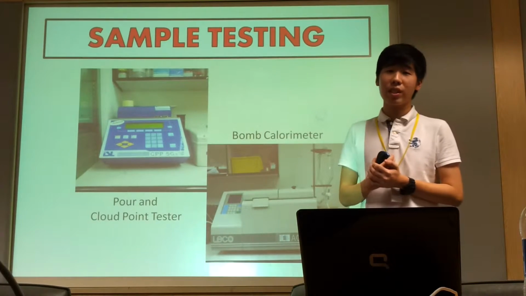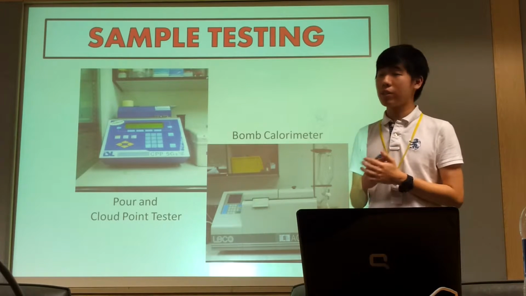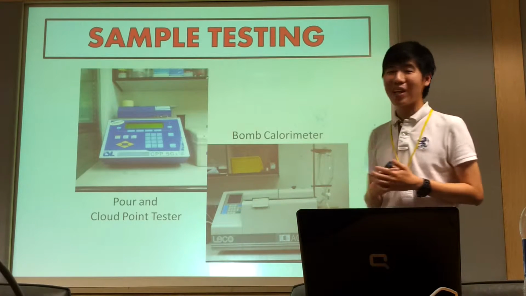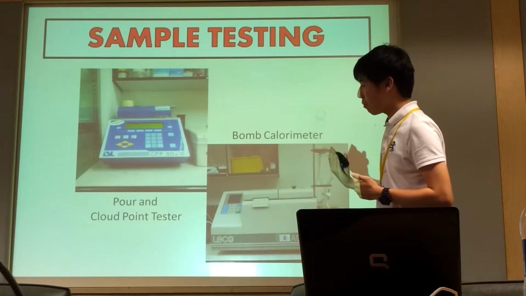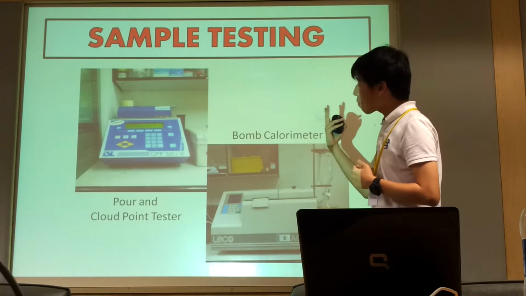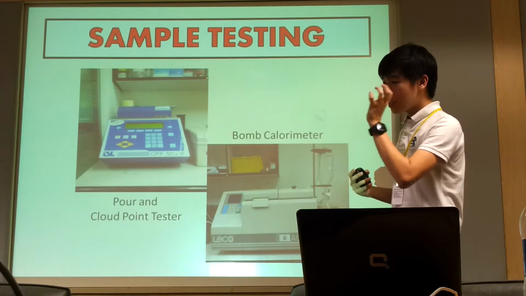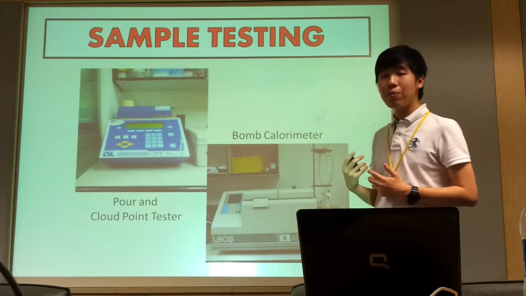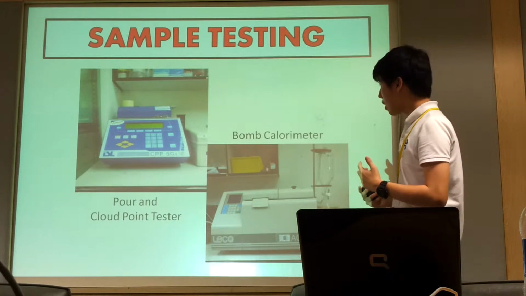So the sample testing. There are actually 9 machines that we use in MTech. Number 1, the first machine that I use in MTech is actually the pour and cloud point tester, where we measure the pour and cloud point temperature. The pour point is actually the measure where the substance becomes solid, where it solidifies, and the cloud point is the first point where it becomes cloudy.